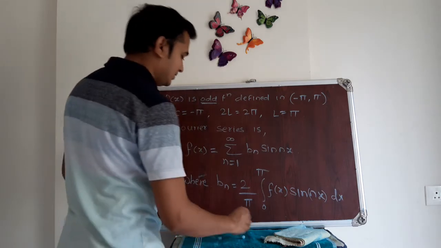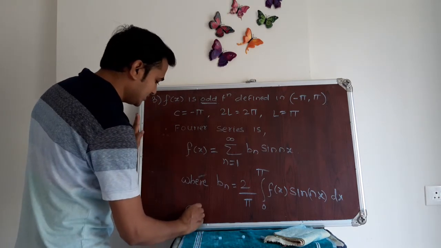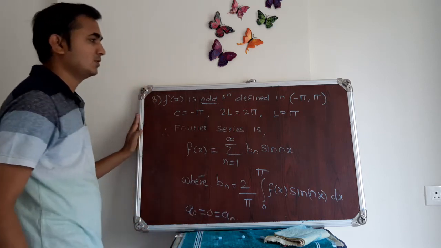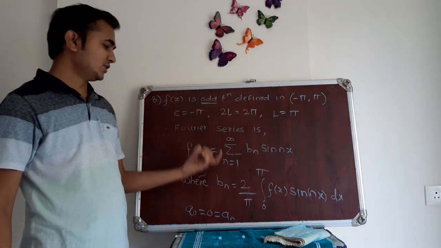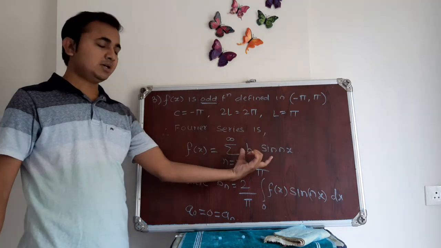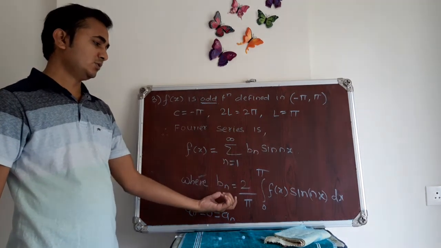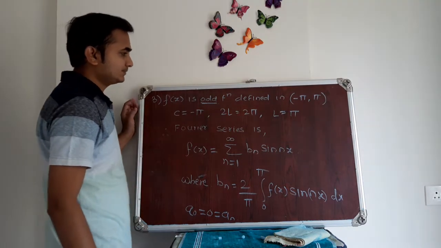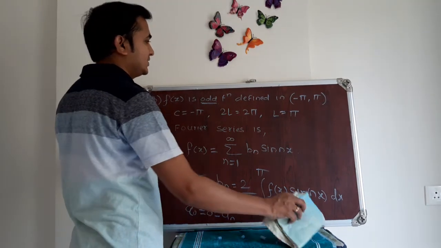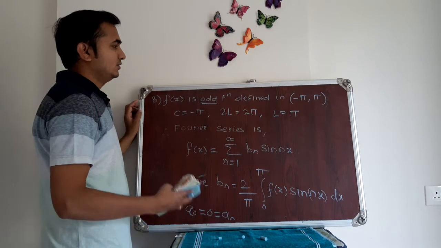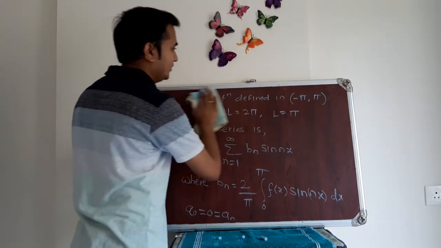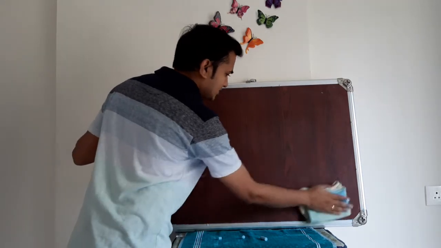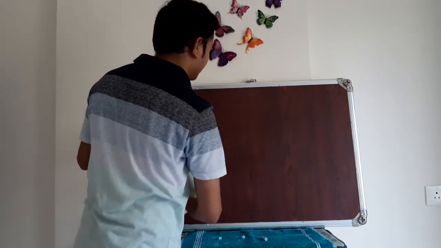And a naught is 0, an is also 0. So for an odd function only one term survives, that is bn, and this is how you calculate that bn. Okay, fine. So with this the definitions are over. We need to look at some examples. So let us go to the first example.